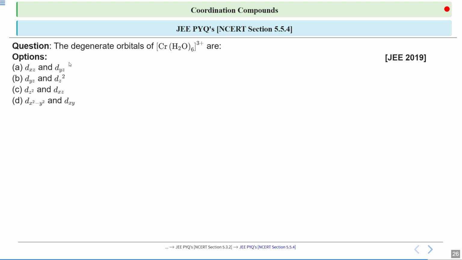The options are: dxz and dyz; dyz and dz²; dz² and dxz; or dx²-y² and dxy. You are given some time. Try to solve this question and then we will see the correct answer.